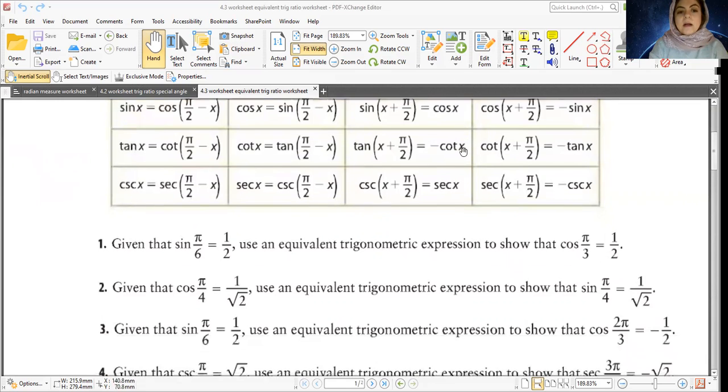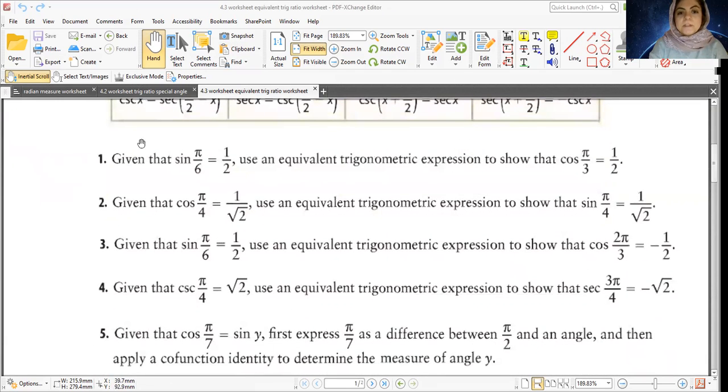I'm gonna do the first one, and give you the time to do this one, 2, 3, and 4, okay? I'm gonna do the first one. Sine of pi over 6 is 1 over 2. I want to use the equivalent trig ratio to prove that cosine pi over 3 is 1 over 2. Since the sine is turning to cosine, you have to do the transformation by pi over 2.